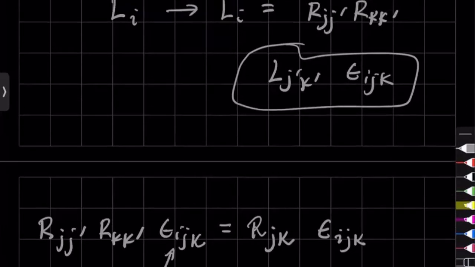And once we use this over here, this guy and this guy will give me L, J prime, K prime, R, J, K.